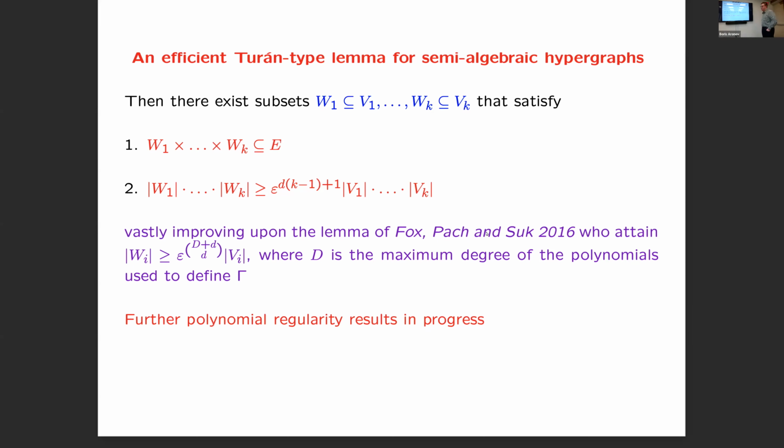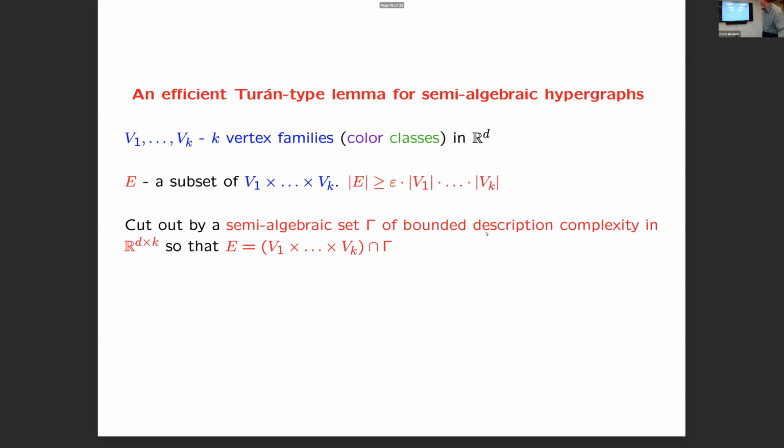So what is a semi-algebraic hypergraph? Say let's say it's k-partite. So you have k parts, k families of vertices, which are points in this space, each of them, and we assume that we have an epsilon fraction of all the possible edges.